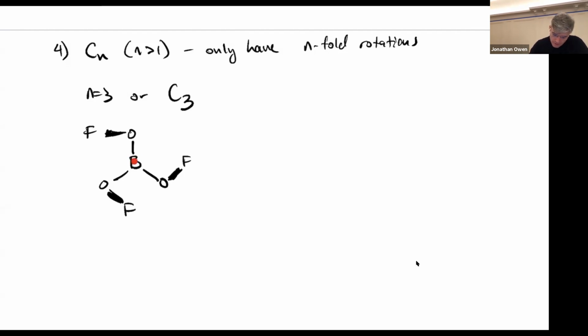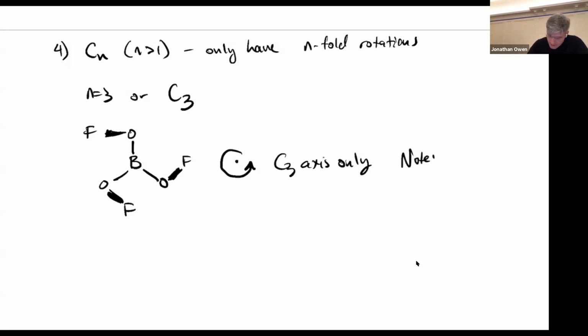You can imagine an axis of symmetry right through the boron, vertically oriented, orthogonal to the paper. This guy has a C3 axis only, and it sends fluorine 1 to fluorine 2 to fluorine 3.